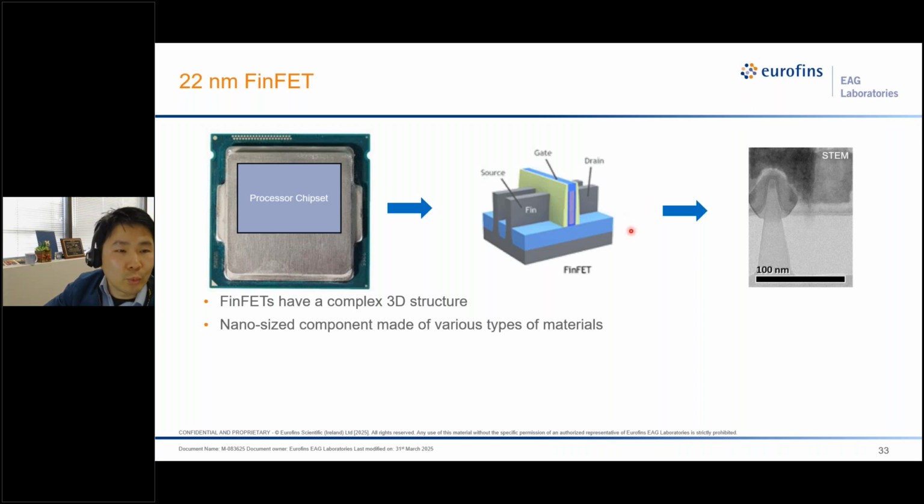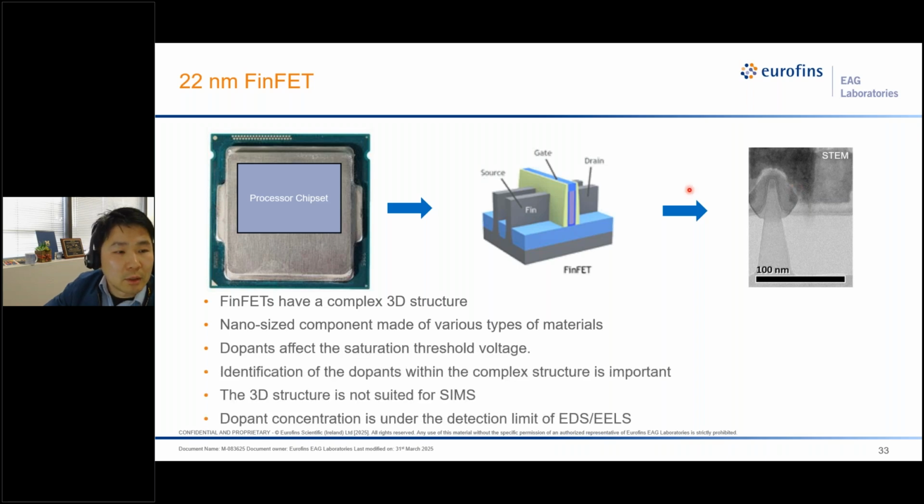We would like to demonstrate how atom probe can be used to analyze the dopant concentration in this device. This is the TEM image showing a fin wrapped with a diamond-shaped region that's usually the silicon germanium region with boron doping.